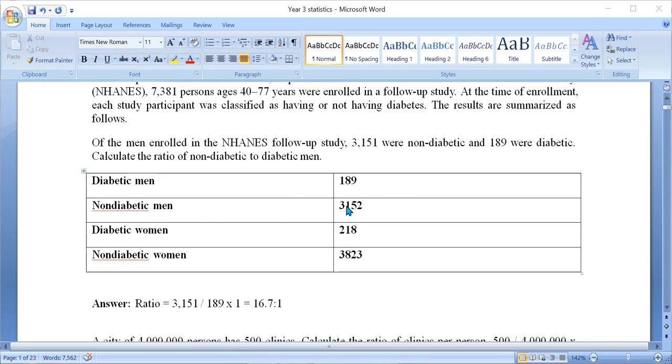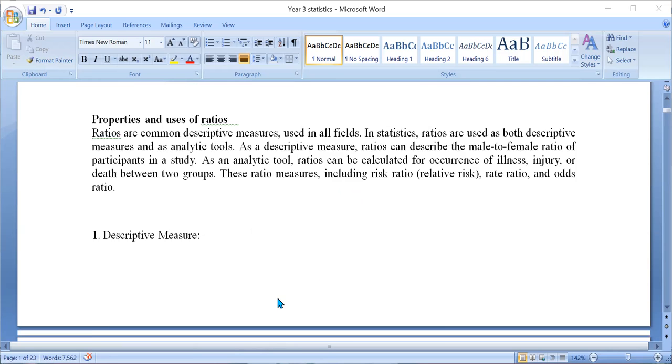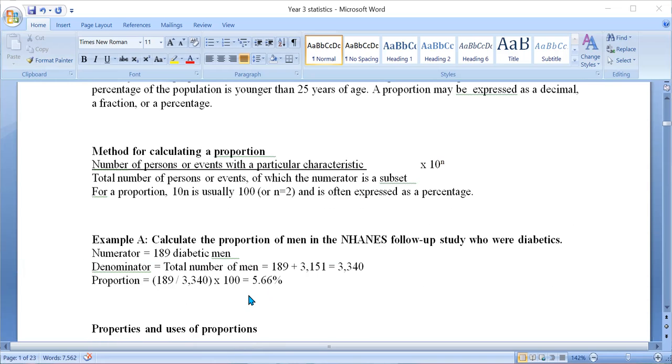Men who were non-diabetic, 3,152, and men who were diabetic, 189. So when you add the two, it will give you 3,340 as total men who participated in the study. So therefore, 189 divided by total men who participated in the study times 100 will give us 5.6%, which is the proportion of diabetic men who participated in the what? In the study.